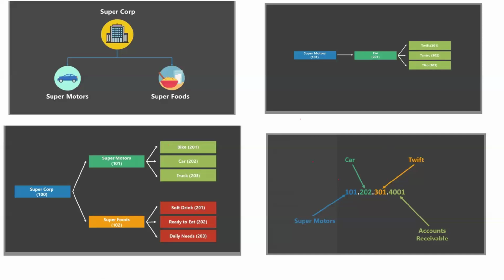And which component is related to car? It's not about a bike, it's not about a truck, it's about a car. What model of car are we selling? We have different models; 301 indicates Swift. That is the model. And what is the activity? Account receivable activity is nothing but sales activity. Account payable is nothing but purchase activity.